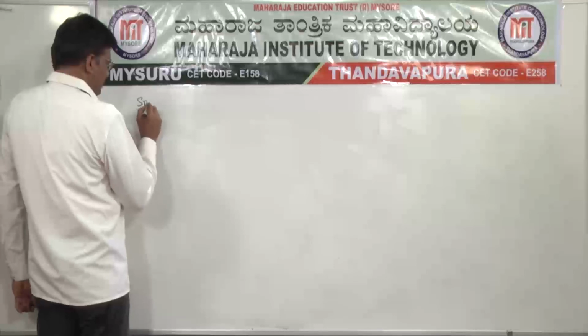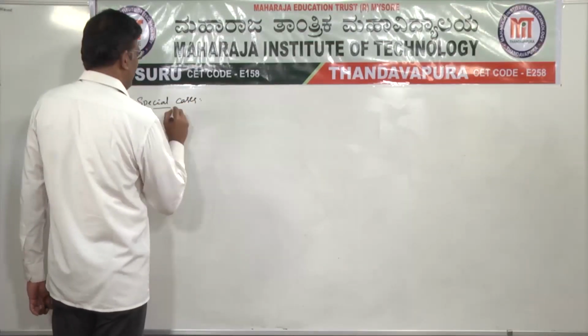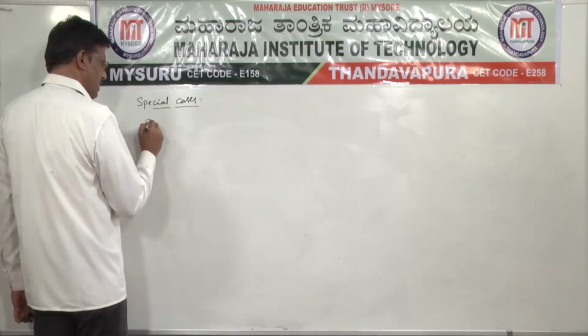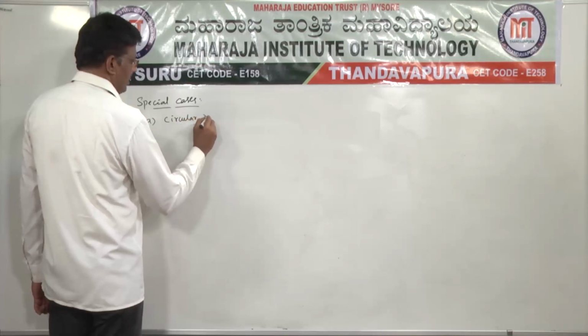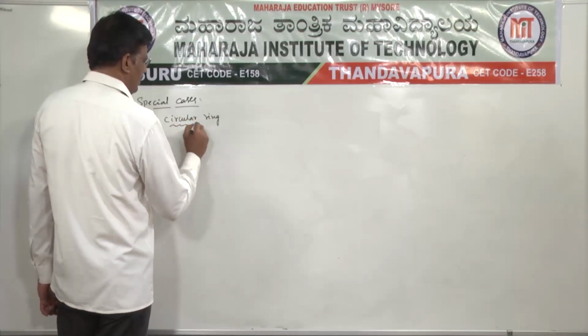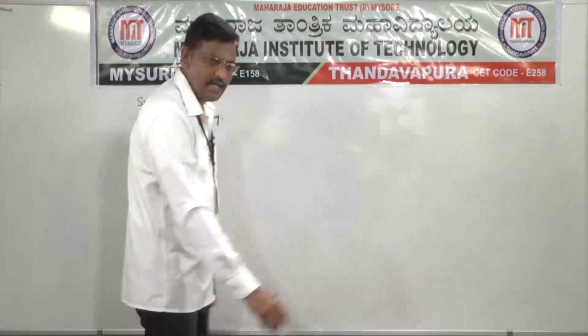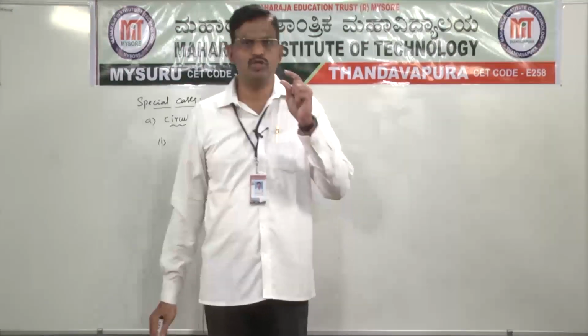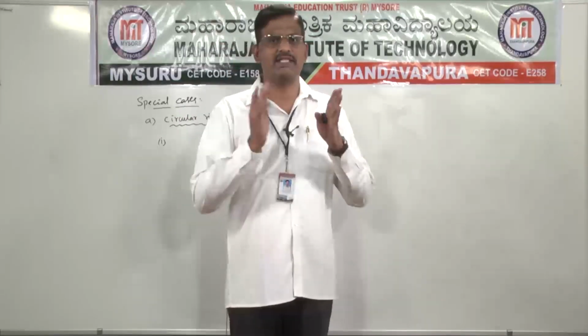Some special cases for moment of inertia. First of all, let us take a circular ring of radius capital R. Here the moment of inertia depends on the distribution of mass and the distance of the particle from the axis of rotation.